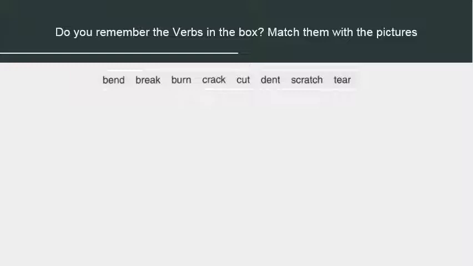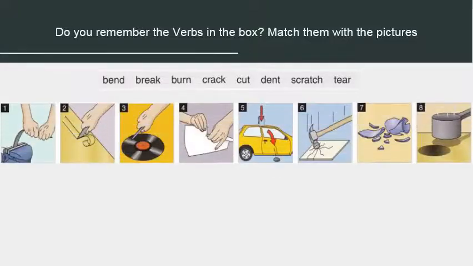And finally, tear. This is to cut something into pieces. And here we have 8 pictures, and let's try to match these pictures with the verbs in the box.